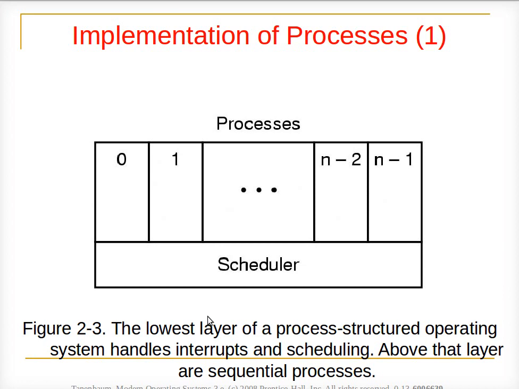So here is a more detailed view. Any time I'm creating a process, I insert it into a process table that is accessed by the scheduler, and the scheduler walks through this table in some fashion.